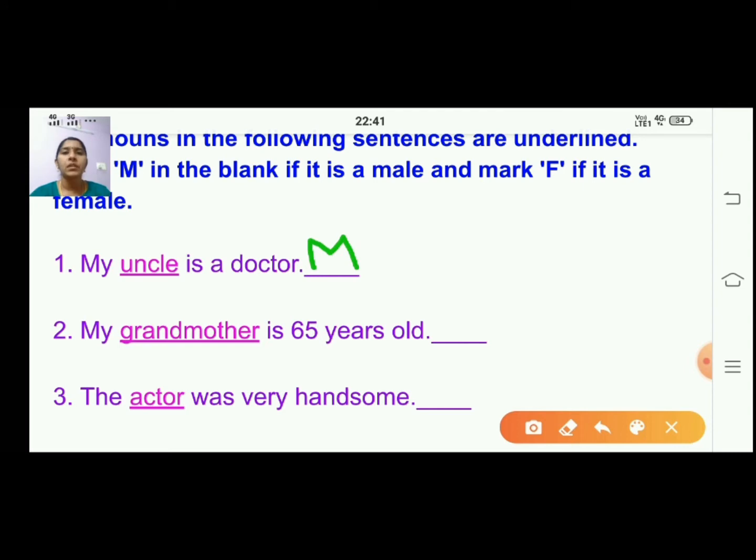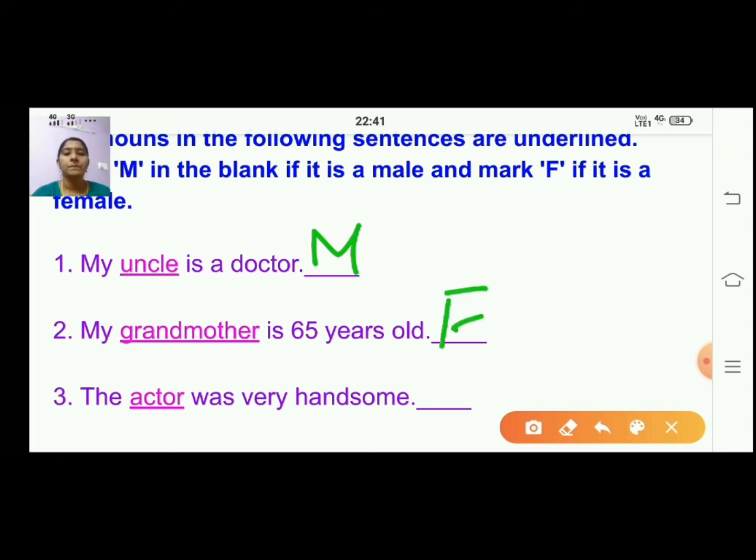So grandmother, is she male or female? Yes, female. So you will mark F there, right? So the first one will be male, second one will be female.